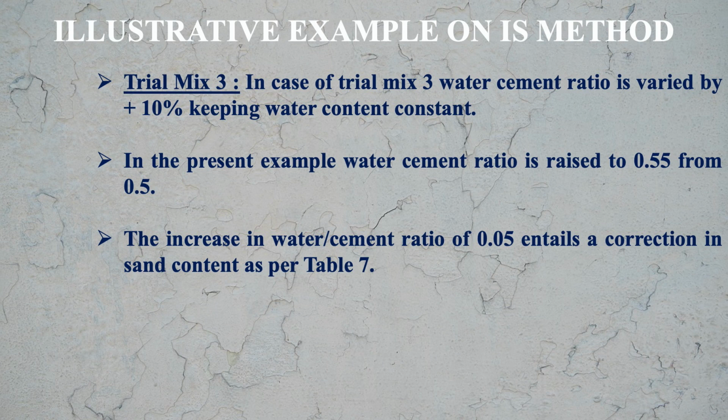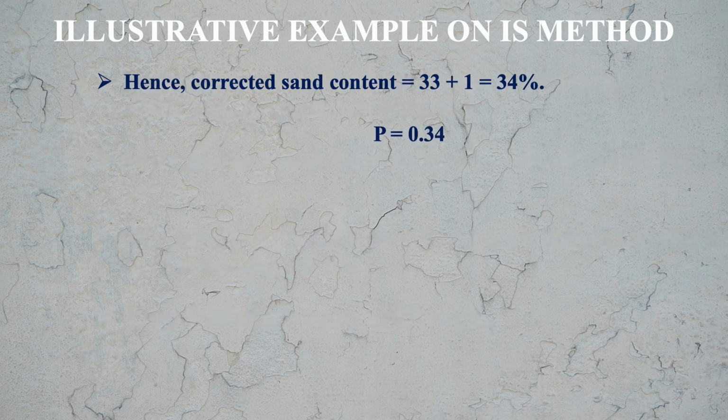So the correction in sand content will be plus 1%. Hence the corrected sand content will be, earlier it was 33%, so 33 plus 1, 34% will be the sand content. In fraction, 34 divided by 100, so P will be 0.34.